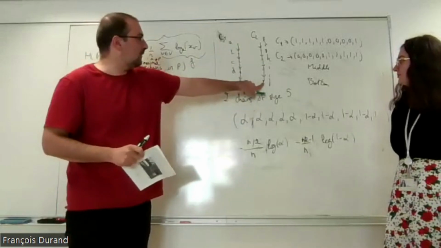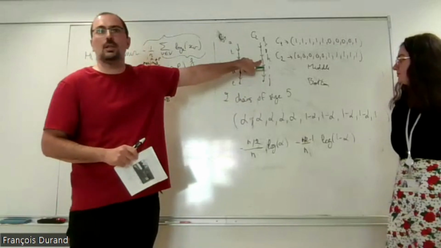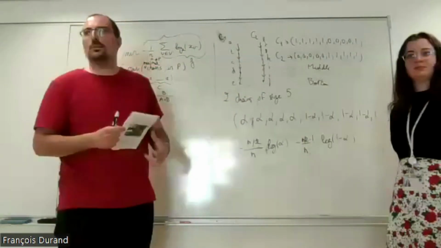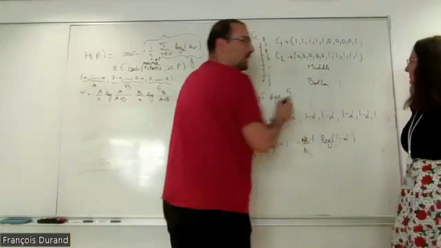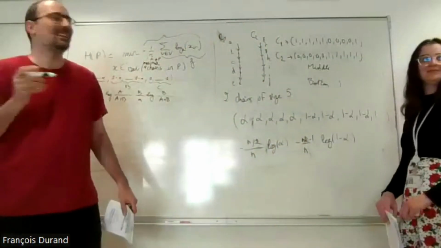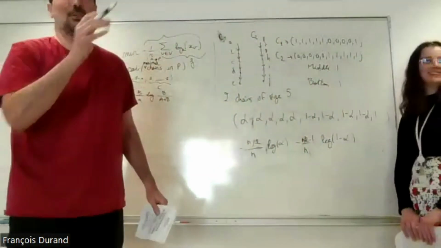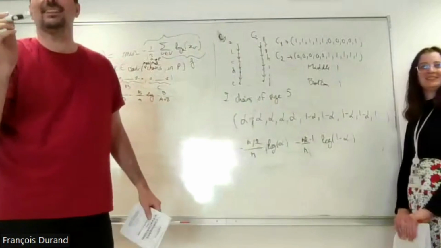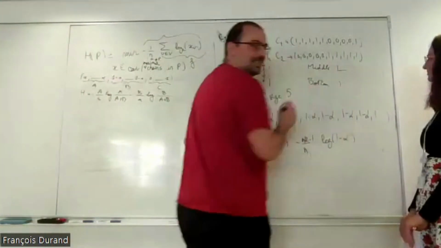Is it better to ask for the comparison of these two elements or the two elements in the middle of the chains? What would you guess? Bottom, one vote. I'll go for the middle. Okay, I would say middle, but it's just a guess.